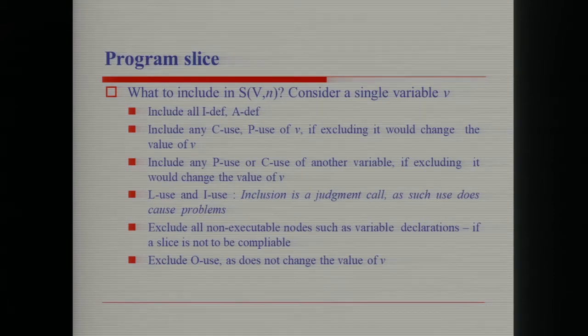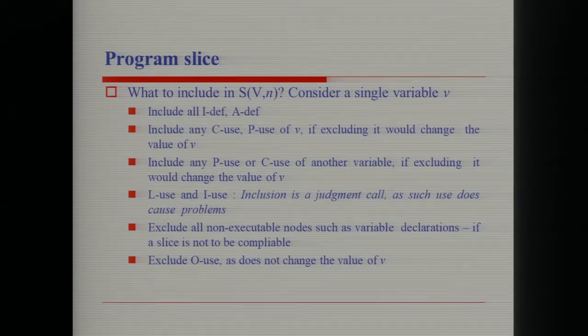Suppose you are doing it for the variable X, trying to find the slicing for variable X. Now, for some other variable Y, if you do not include the C use and the P use statements of Y, and that leads to a change of the values of the variable X, then you must include those statements in the slice. If it does not affect the variable X, then you need to exclude those statements which belong to the variable Y.